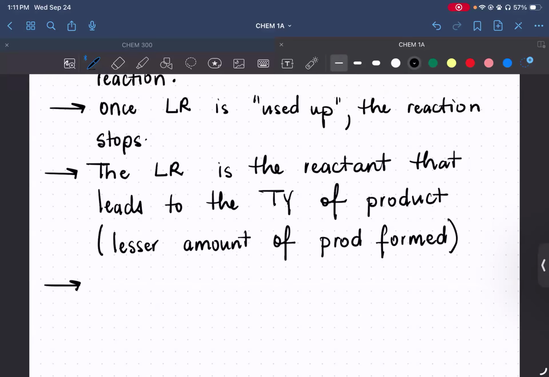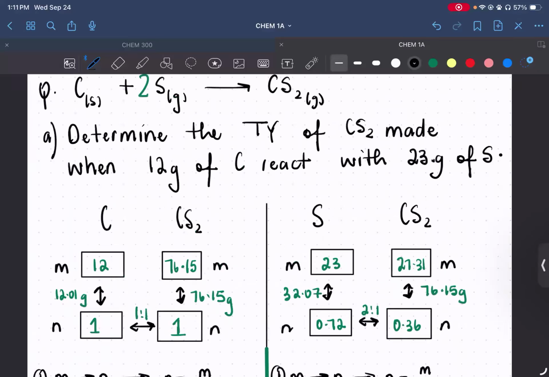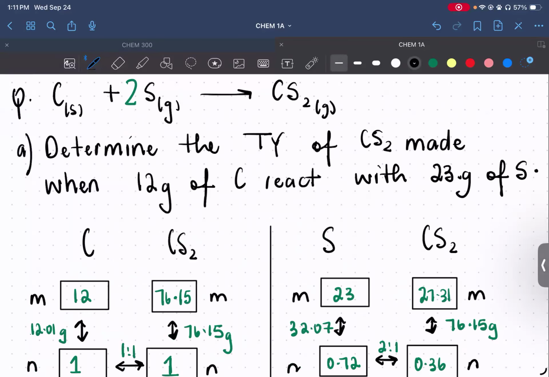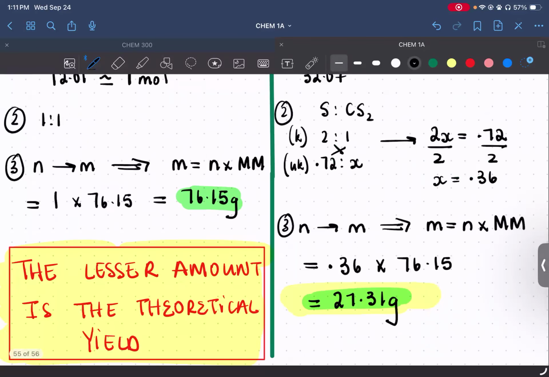So in the question we just did, where we were asked to find the theoretical yield of carbon disulfide based on two reactants, ultimately what we found out was that the theoretical yield is 27.31. That's the lesser amount.